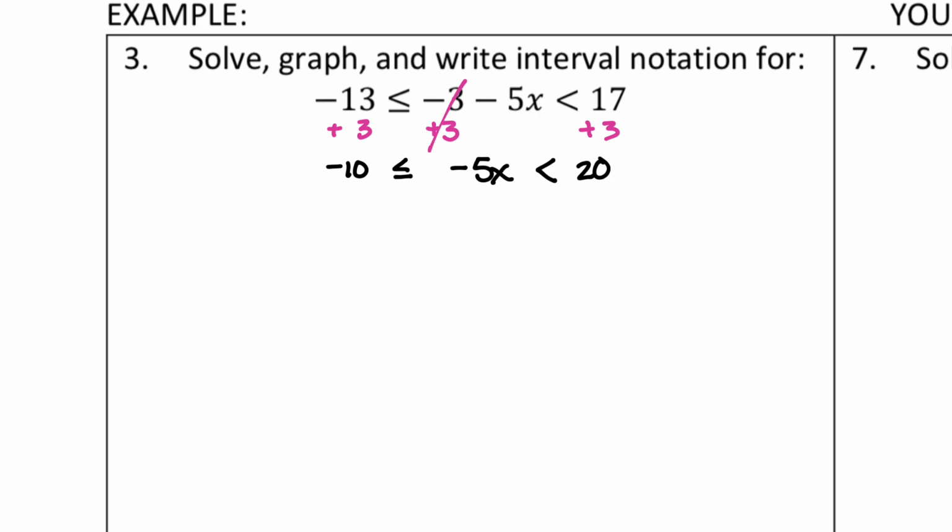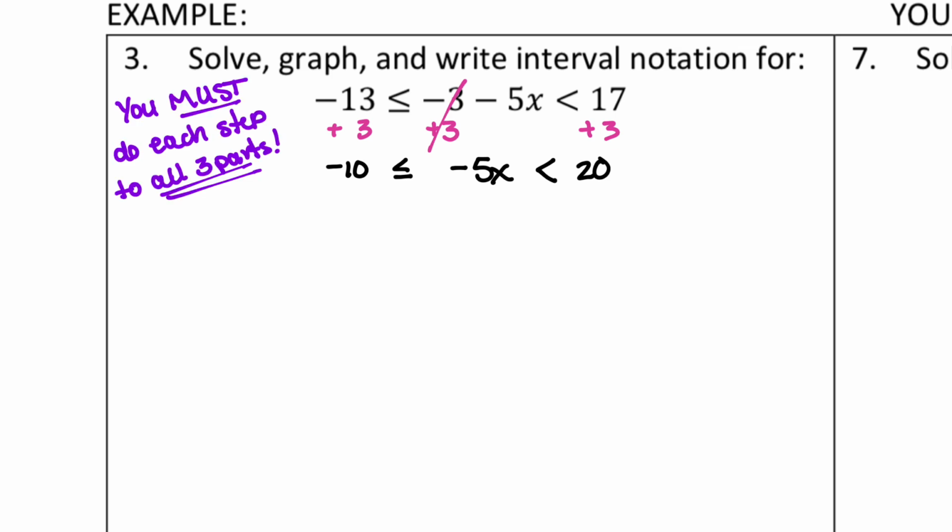You cannot do just two parts at once. You have to do all three, every time. We're still looking in the middle. We want to get x by itself. I want to get rid of this times negative 5, so I'm going to divide by negative 5.